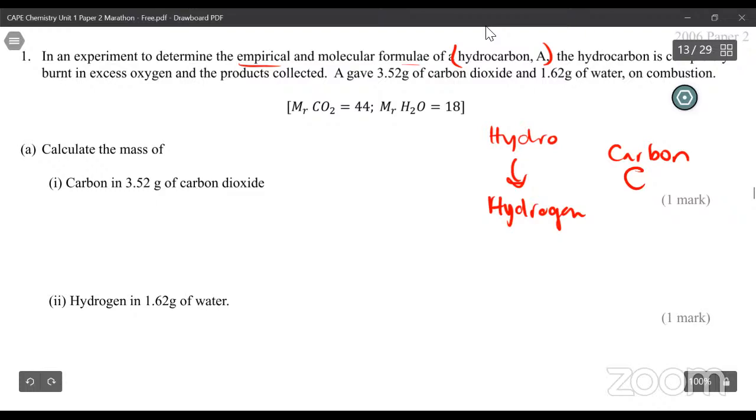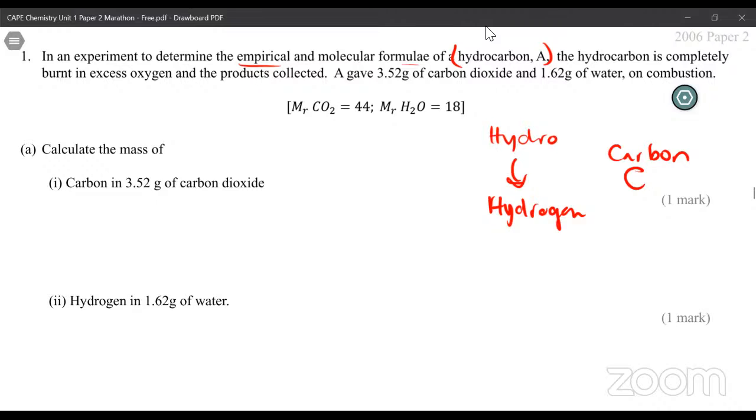So a hydrocarbon only has hydrogen and carbon, no oxygen, right? All right. So the hydrocarbon is completely burnt in excess oxygen and the products were collected, right? And the products would be carbon dioxide and water.